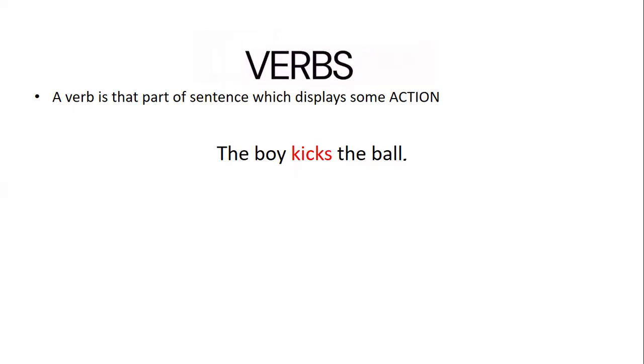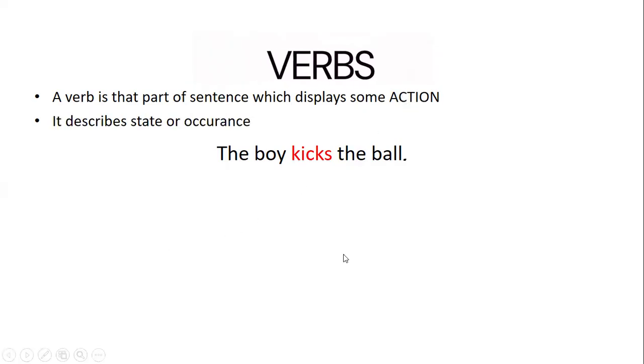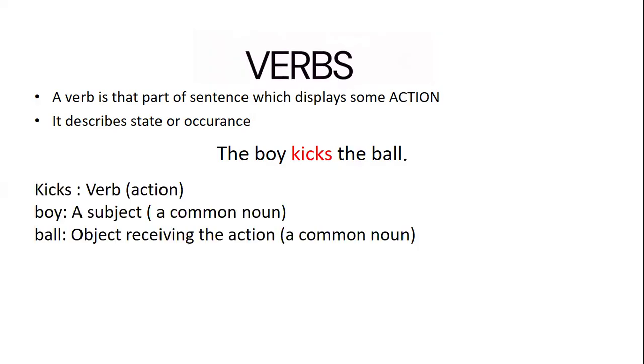So the verb is the part of a statement or sentence which displays some action. What is the action that is being done by the boy? He's kicking the ball. It describes the state or occurrence, that kicking action has happened over here. So the verb is our kicks because that is the action which is being done.